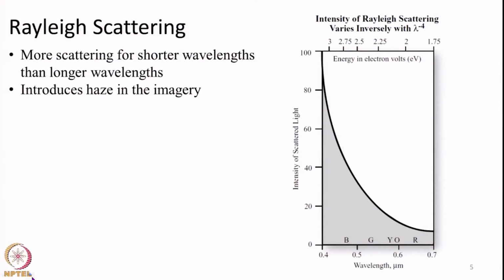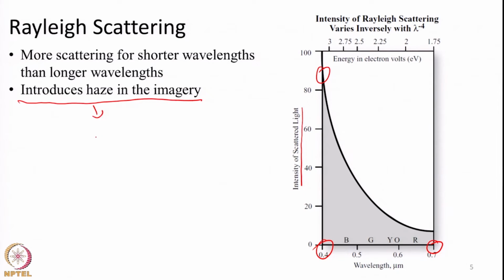So, Rayleigh scattering is the primary reason for these color appearances, and the amount of Rayleigh scattering varies with respect to the 4th power of wavelength. As I said before, in this slide I am just explaining that the intensity of scattered light is much higher at shorter wavelengths and much lower at longer wavelengths. The main problem of Rayleigh scattering for remote sensing is that it introduces haze in the imagery.